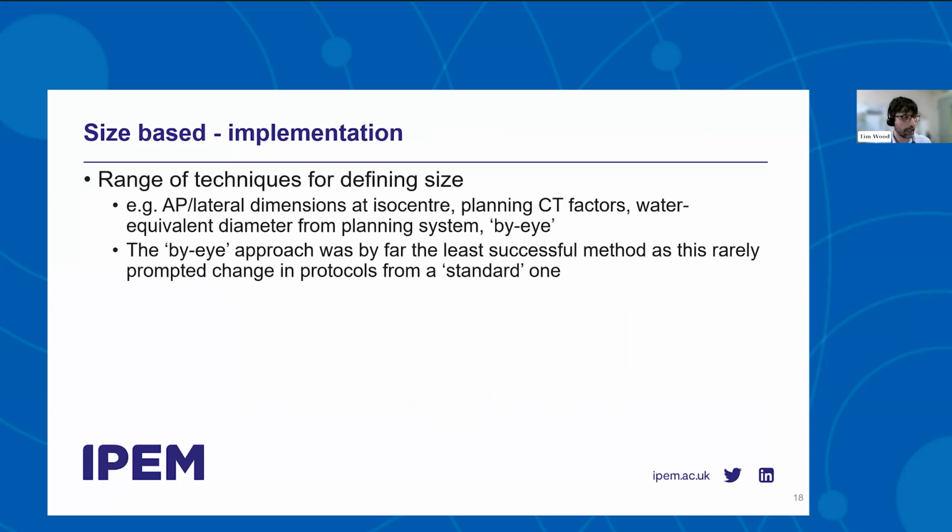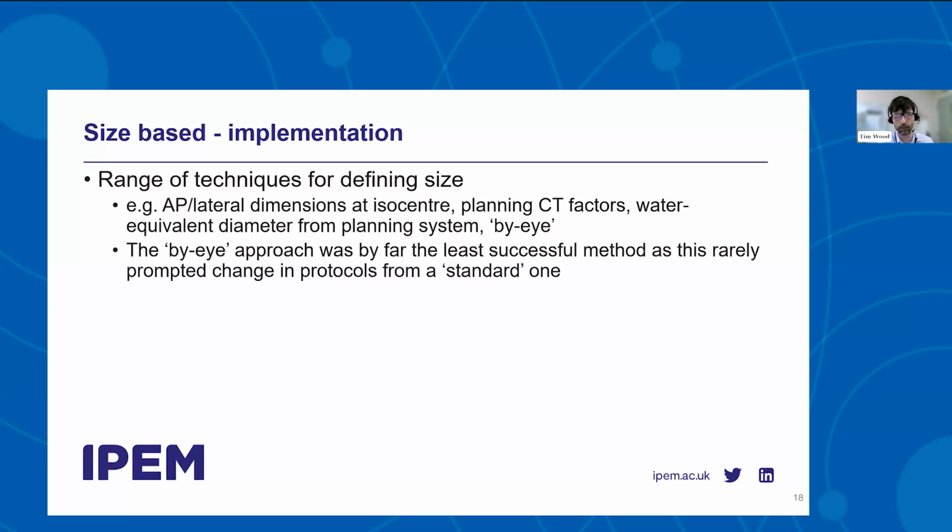Okay. Going hand in hand with that, what we learned, and this was a key learning point from this data, was that if people had gone to the length of setting up these different size-based modes, the key thing that they then had to do was set up a method for selecting those appropriately. Okay, those that set up things like they measured the size of the patient in an image, they looked at the planning CT exposure factors, which are based on automatic exposure control, the use of water equivalent diameter, all these kind of things.